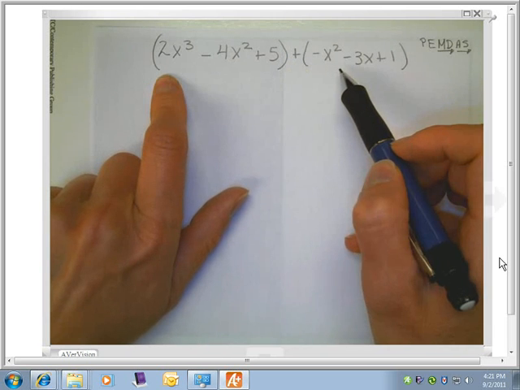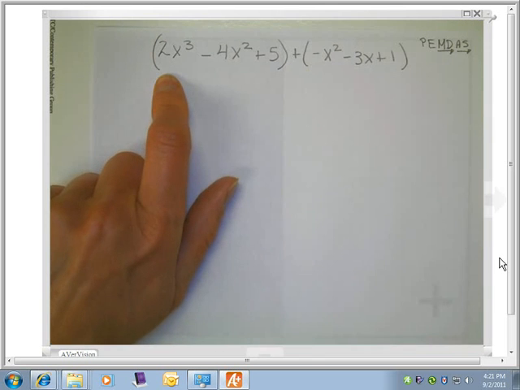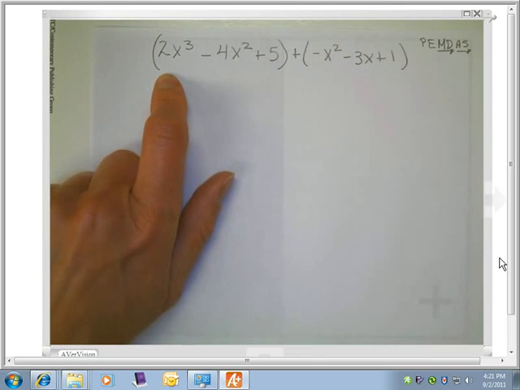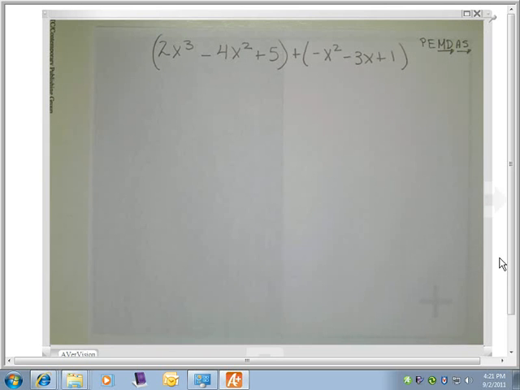the other. So what I want to do first is I just want to look at what this 2x cubed minus 4x squared plus 5 looks like with blocks. So I'm going to cover this up because we're not looking at that right now.